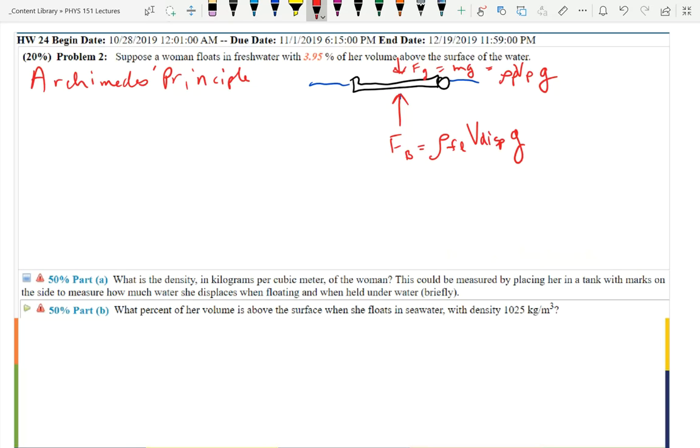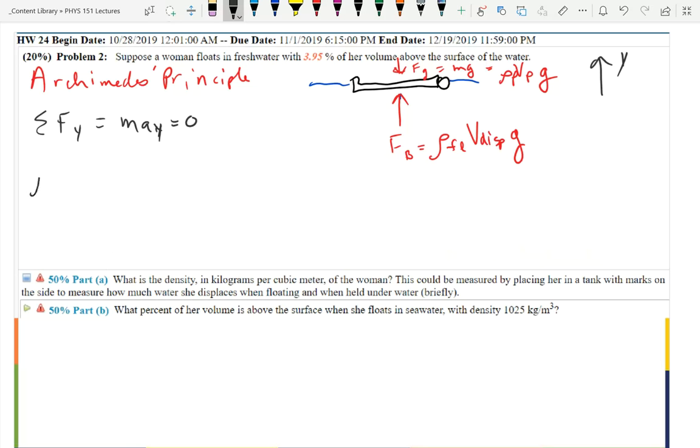Now, if the person floats, what else can you tell me? She is in equilibrium. Equilibrium means the sum of the forces is 0 and the sum of the torques is 0. Well, in this case, it's pretty clear we're not dealing with rotation. So I'm just going to do the sum of the forces in the y direction is equal to mass times acceleration in the y direction is equal to 0. Equilibrium means acceleration y is 0.